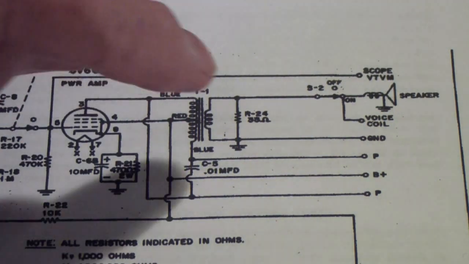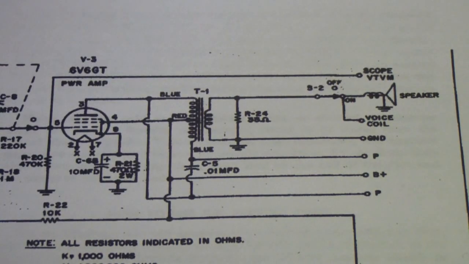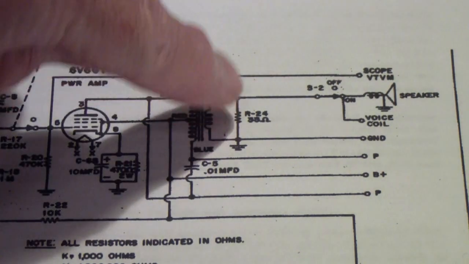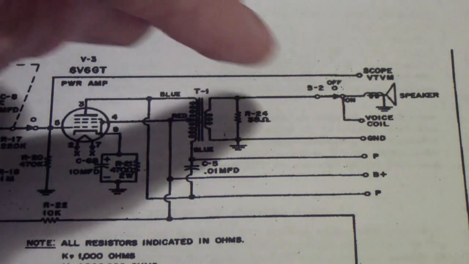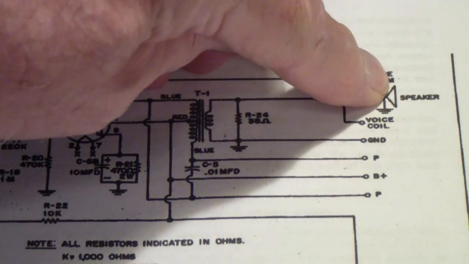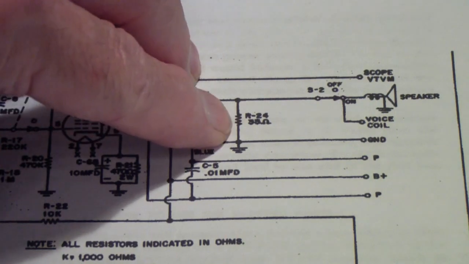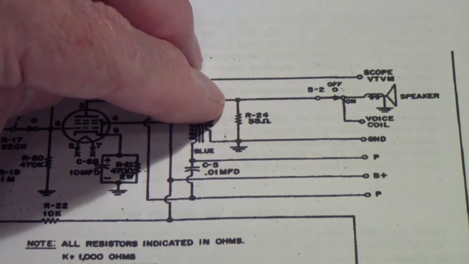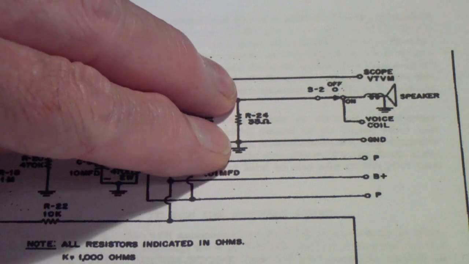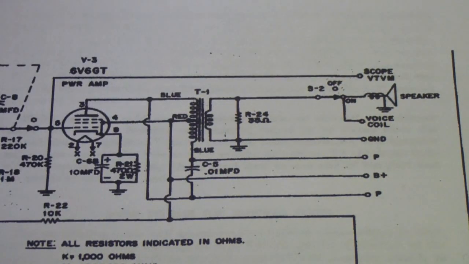So when we turn the speaker off, we will still hear sound in the speaker, and we will still have some impedance, but there is a difference in the impedance when you turn the speaker on. It's the difference between the 8 ohm speaker that's here and the 33 ohm here. So basically, when the speaker is turned on, you get probably about 7 ohms across the output transformer.